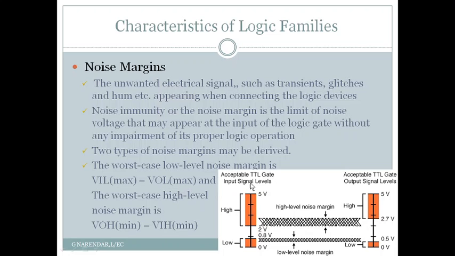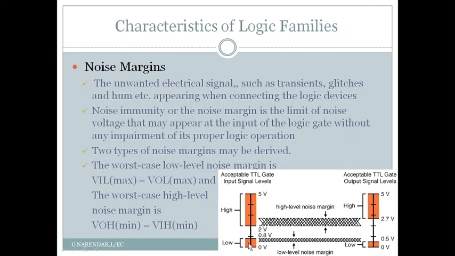So here the noise immunity or noise margin of a digital circuit gives the amount of noise that can be tolerated by the digital circuit, and the amount of noise that can be tolerated is different for high level and for low level. So we have two types of noise margins, low level noise margin and high level noise margin.